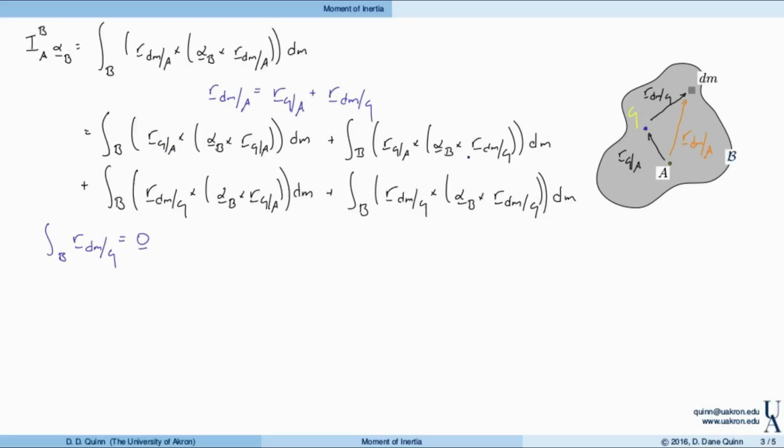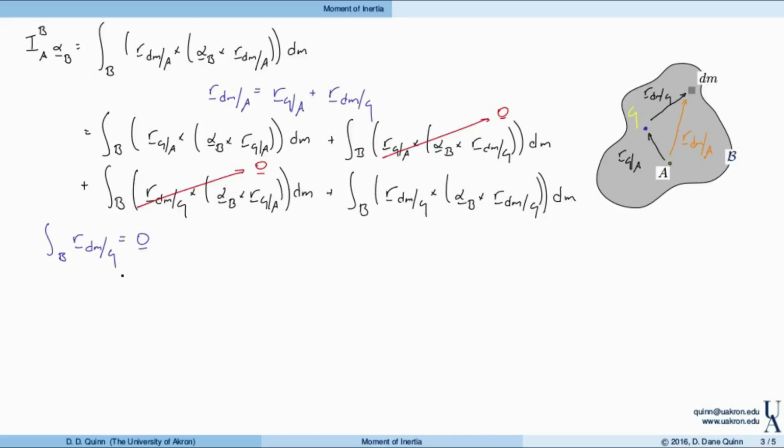So, in particular, in the second and the third term, we can factor out r cross alpha, and this integral comes right into here with the position of the dm with respect to G. But again, that's 0. So this term goes away. Likewise, for the same reasons, this term goes away, because alpha and r of G with respect to A are constant over the body.